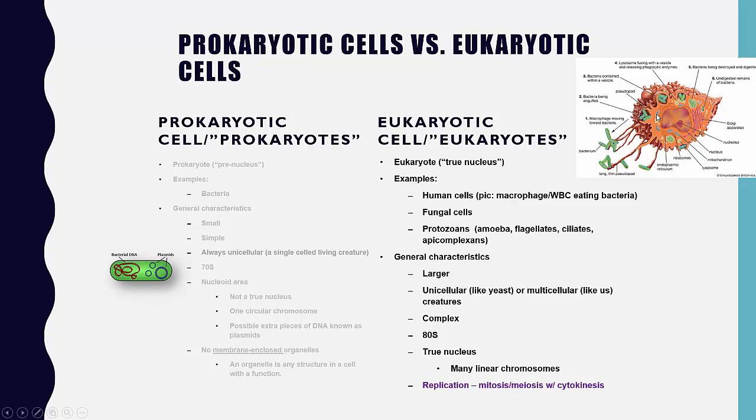Those have to be replicated, and we have to go through a nuclear division before the cell can divide. If you remember from your basic biology, nuclear division includes mitosis or meiosis, and then the rest of the cell can divide up, and that's cytokinesis. We're not going to really go through that in this class, but understand it is more complex, and there's some relevance to this coming up.